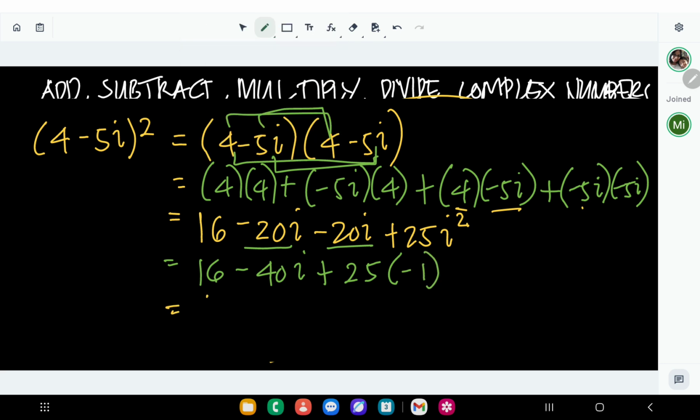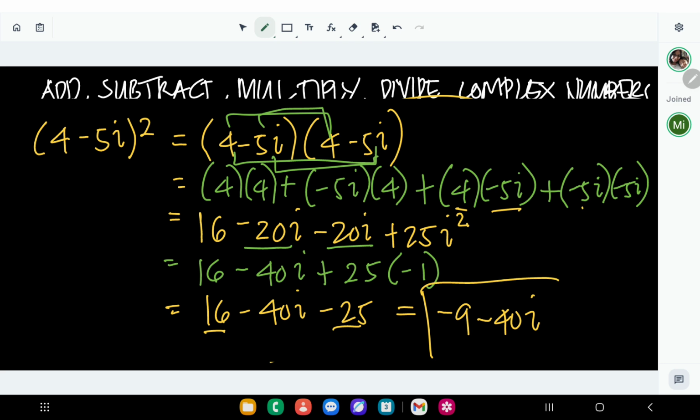So this is just 16 minus 40i minus 25. And then we can simplify further because 16 and negative 25 are like terms. So what is 16 minus 25? Okay, so this is negative 9 minus 40i. This is our final answer.